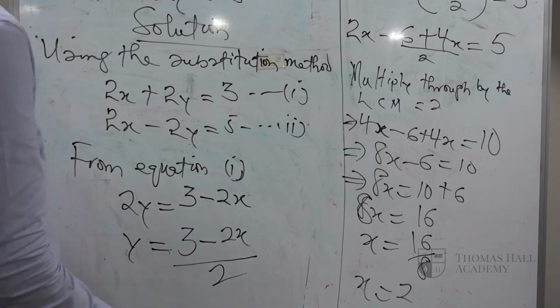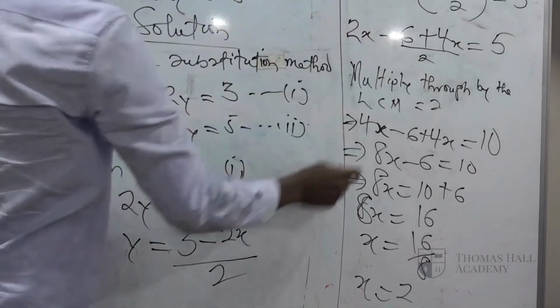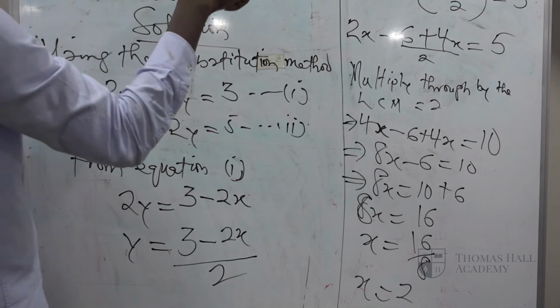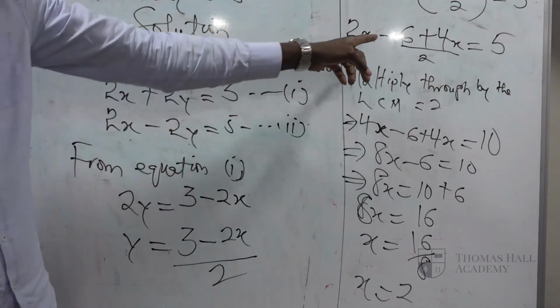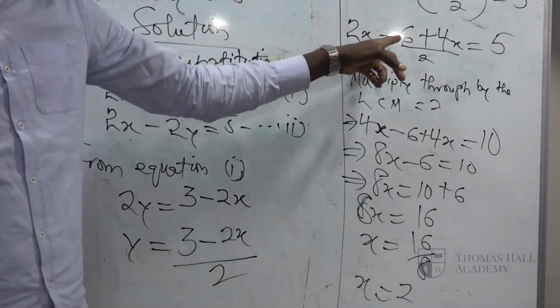So let's fill in the values. 2x minus 2y. Our y now is 3 minus 2x all over 2. That is what we have in brackets. Equals to 5. 2x minus. Now, minus 2 times 6 gives us minus 6.